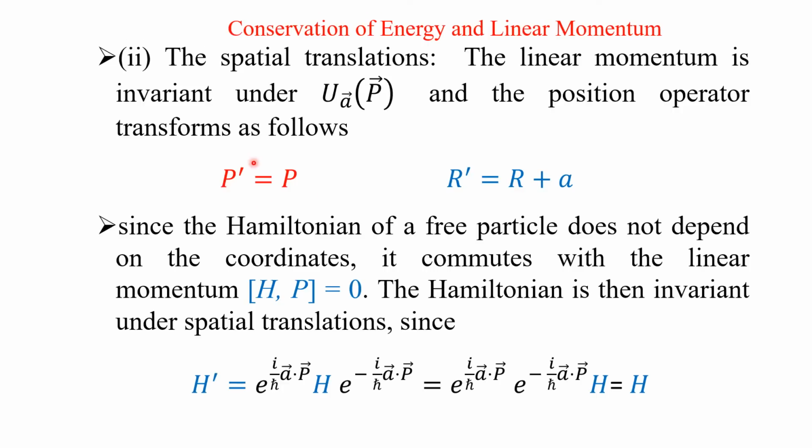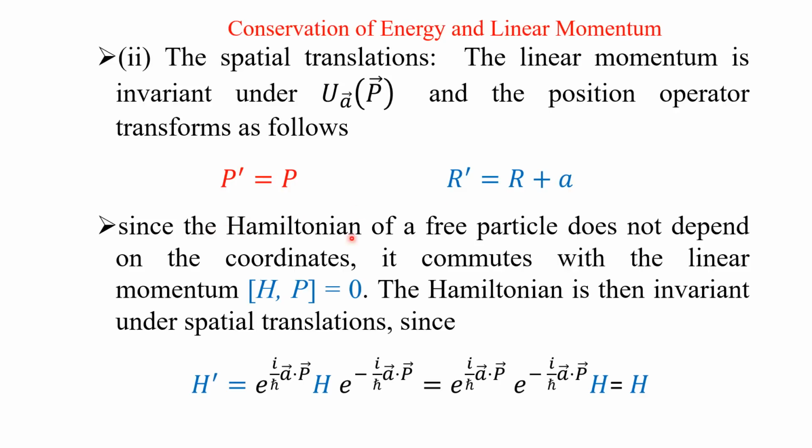We have seen this: when the unitary operator acts on P, then P will become P prime, so P prime is equal to P. Similarly, we have seen when the unitary operator acts on R, then R prime will become R plus a. Just now we have seen. This is just a spatial translation, that is, we are adding a small vector a.